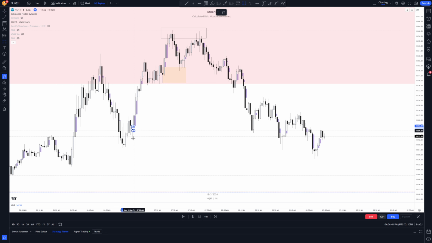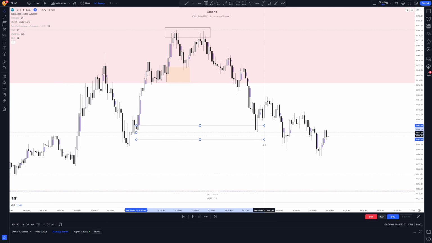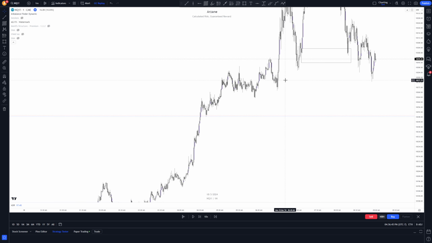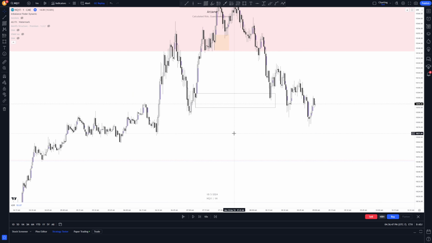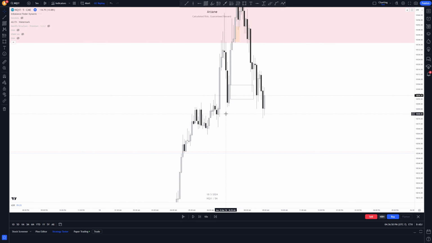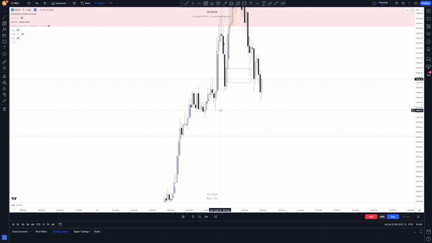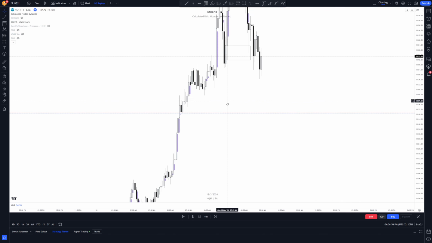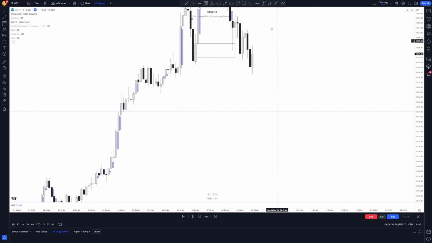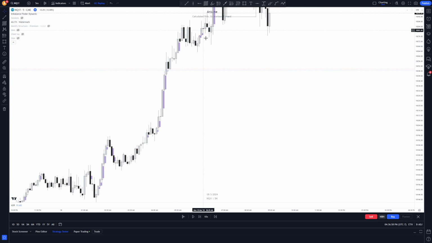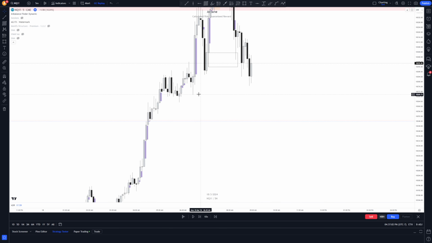First TP would either be here, if you did take profit, and then you could probably aim for a higher time frame, like a 5 or 15 minute. I probably aim, honestly, there's really nothing. It's probably just going to fall. But we could see probably at this point, it's not so much targeting zones.